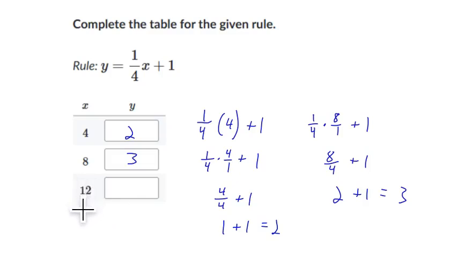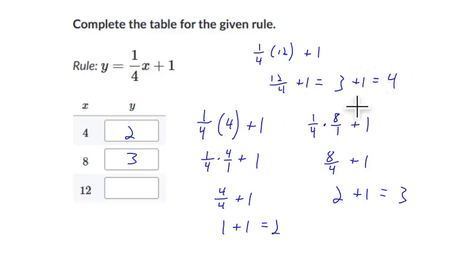And finally, when we have an input of 12, we have 1/4 times 12 plus 1. Well, that would be 12 divided by 4 plus 1. Well, 12 divided by 4, that's 3. So when we have an input of 12, we have an output of 4.